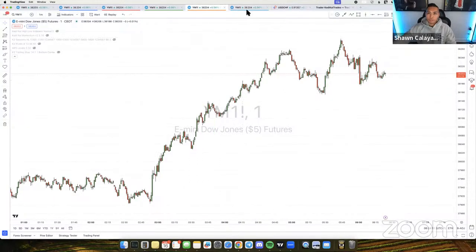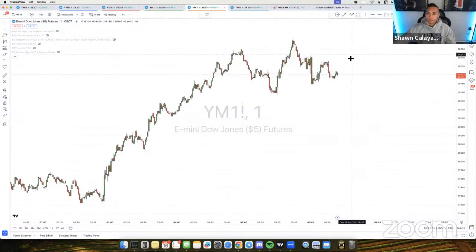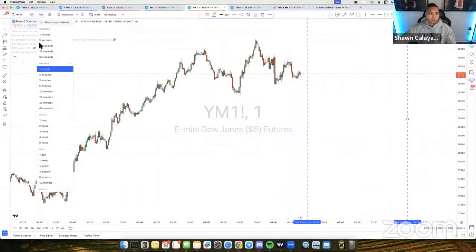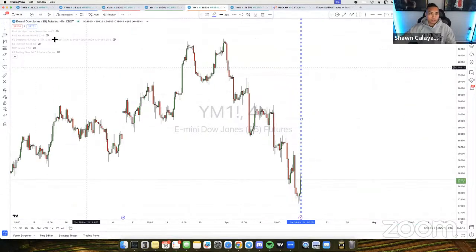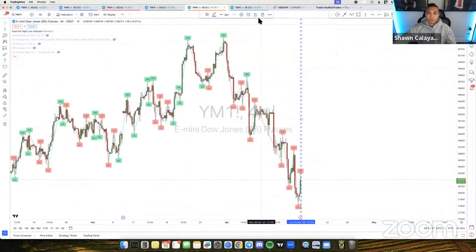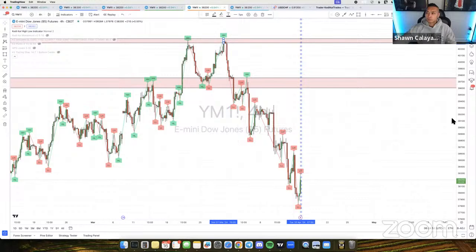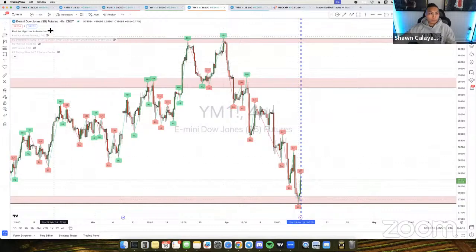Going over to our clean chart, I'm going to mark up 6:30, 8 o'clock. I'm going to go up to the 4-hour time frame, identify structure. So we've got structure up here, structure up here, and structure down here.